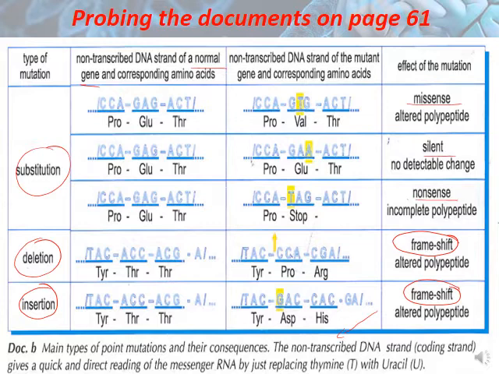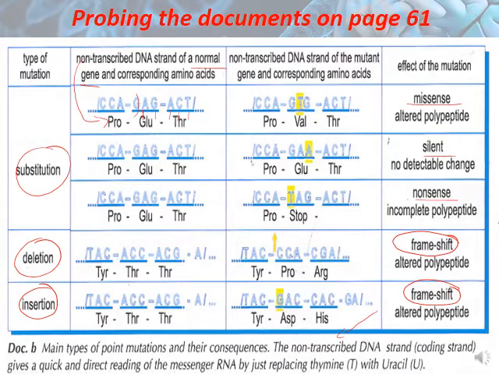The complementary of C is G, C is G, A is T; G is C, A is T, G is C; and A is T, C is G, and T is A.